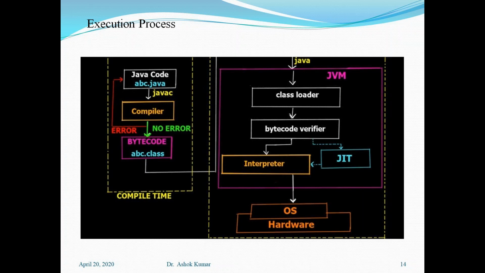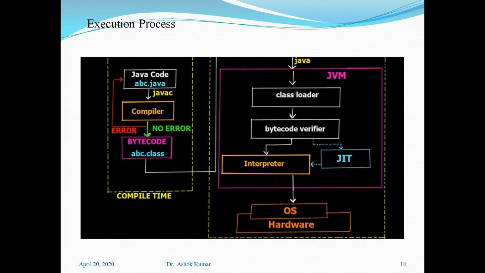Then your bytecode is interpreted by the interpreter. So Java is basically a compiled and interpreted language. Here in Java, both processes are performed: compilation is performed, then the interpretation. We'll discuss it in more detail in the coming lectures as well.